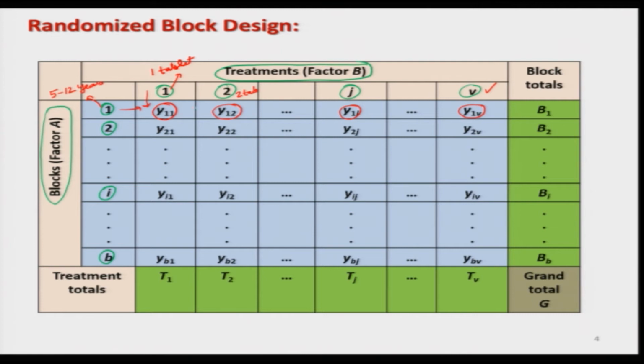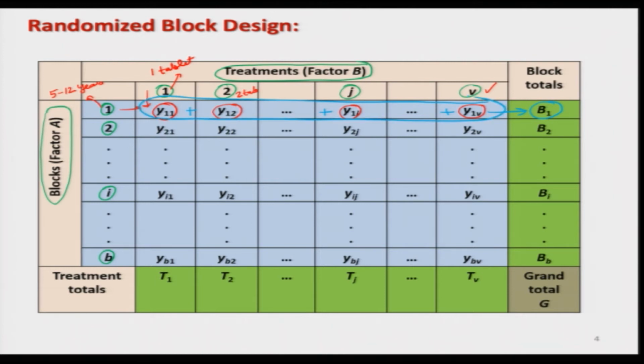For example, if you add y11 plus y12 up to y1i up to y1v, this gives us a sum which is called the block total. So, this block total B1 gives us the sum of all the observations in block 1, and this is my block number 1.